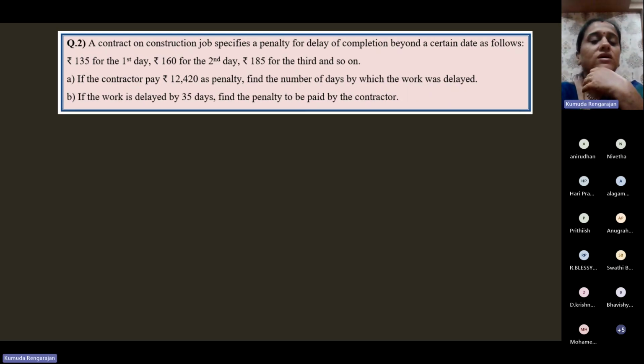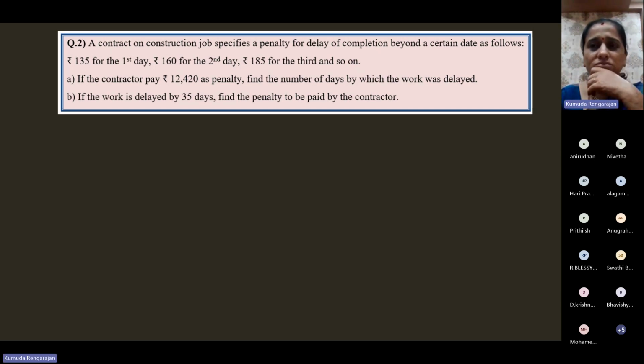There's the next question. A contract on construction job specifies a penalty for delay of completion beyond a certain date as follows. Okay, before I proceed, children, we haven't done the questions in this presentation, right?